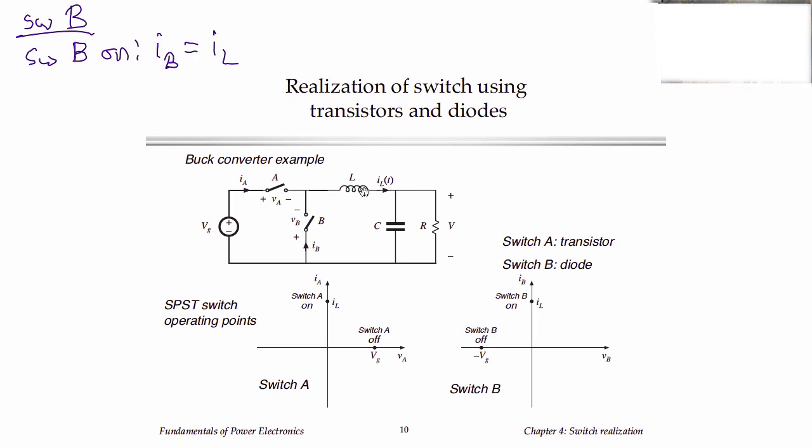And the defined polarities of IB and IL are the same in this case, and so this is a positive quantity, and we're conducting positive current. When switch B is off, then switch A is on, and switch B has to block VG. But be careful, the way we define the direction of VB, VB is actually minus VG, which is a negative quantity. So I have to block negative voltage.